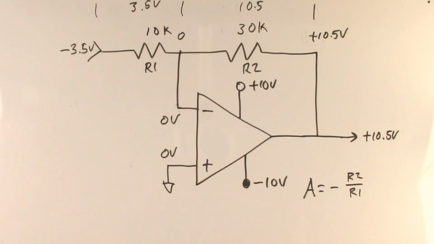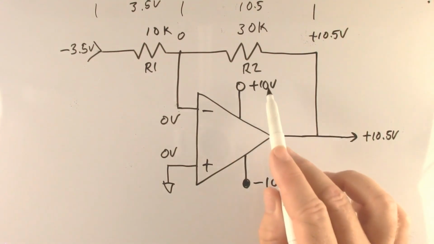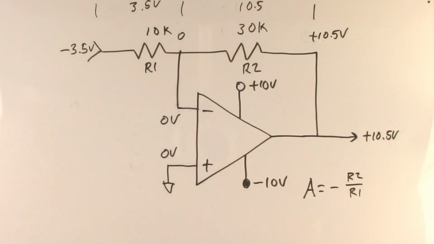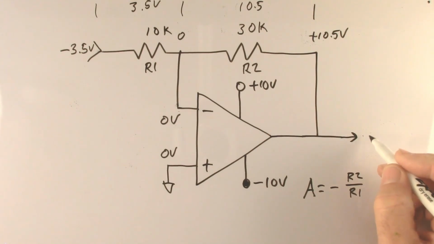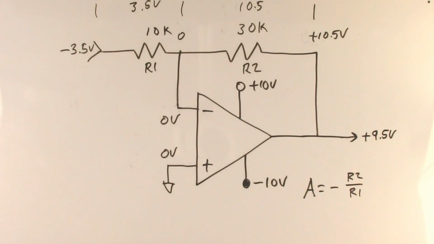But you've probably already noticed that's impossible because we cannot reach that voltage. So our output is going to be roughly, in this case, plus 9.5 volts. So let's see what we actually have at this inverting input and see how this circuit balances out. We have 9.5 volts at the output, minus 3.5 volts at the input. That gives us a total voltage across the voltage divider of 9.5 plus 3.5, which gives us a total of 13 volts.